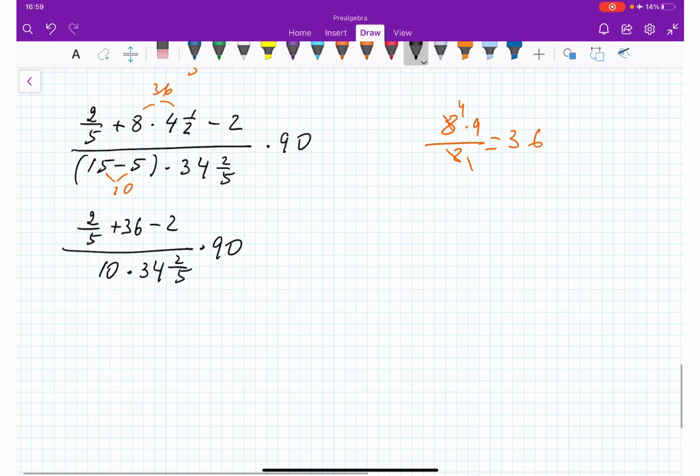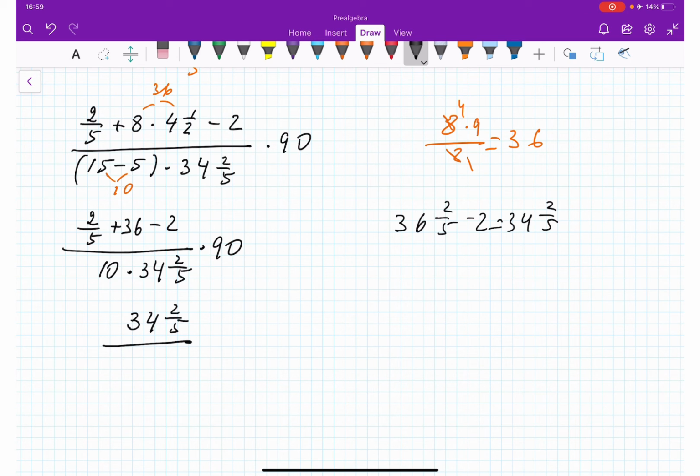Yes? Next, we are getting 36 plus 2. Let's do all together. 36 plus 2, it's going to be 36 and 2/5. And minus 2, it's going to be 34 and 2/5, right? In numerator, we get 34 and 2/5.